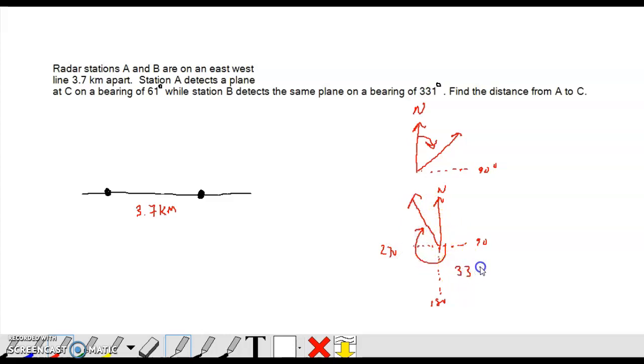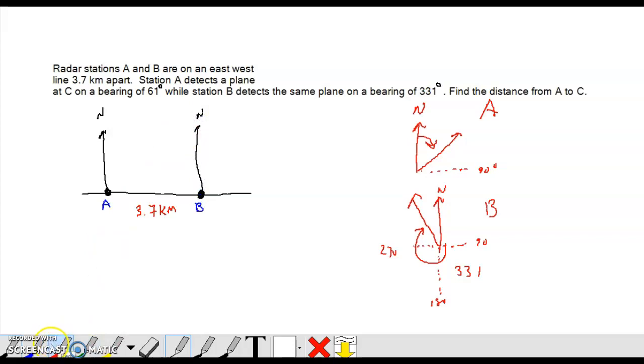So it seems that if I put A over here and B over here, that makes a little more sense. So I'm going to make this A, and this B. I'm going to draw north symbols right here, and right there.